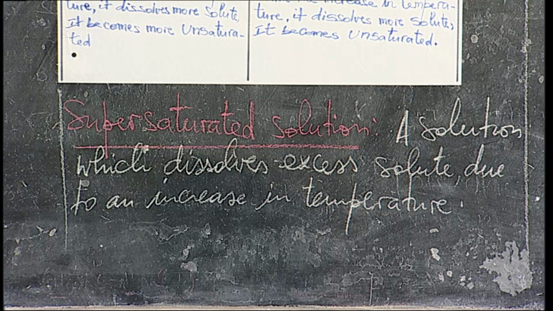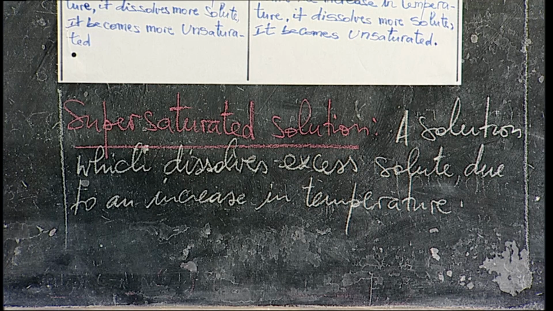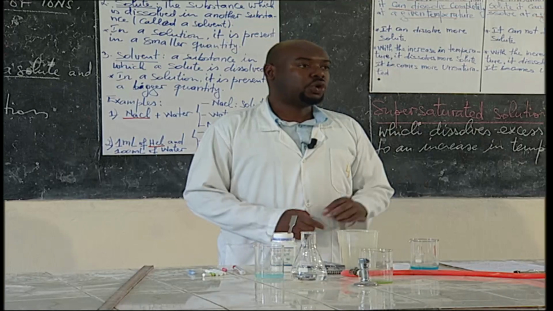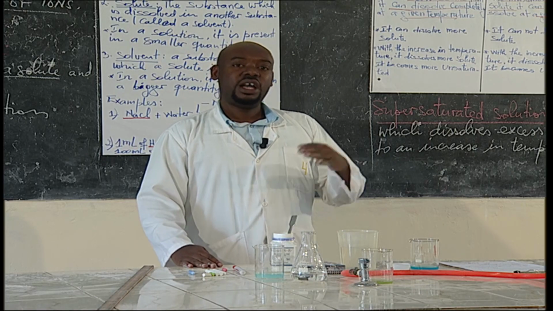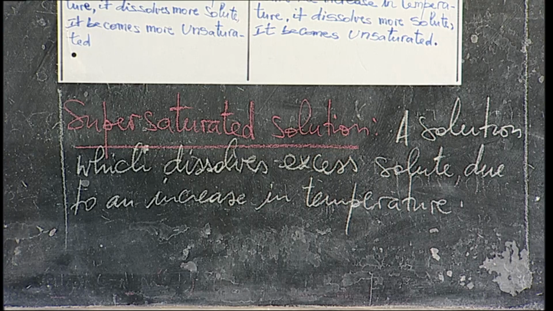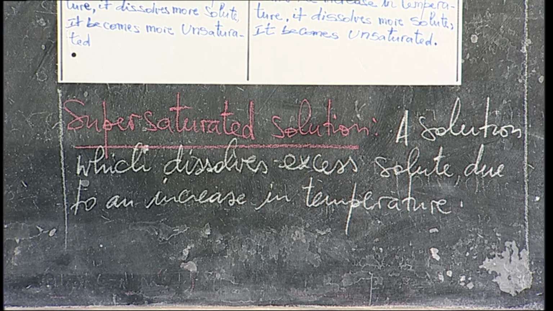And when that solution cools down, it will not immediately precipitate the excess solute. So in that case, the cool solution you have will be a supersaturated solution. But the supersaturated solution is not very stable. So any dust which may be introduced in that solution will cause the precipitation of the excess solute. So that is a supersaturated solution. It can only be prepared when the temperature is very high.